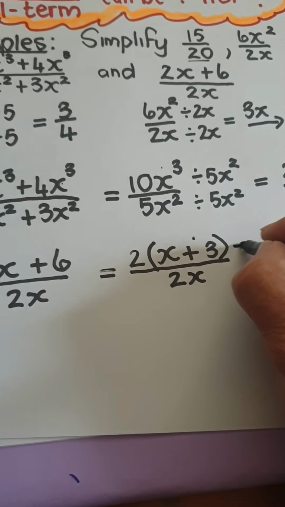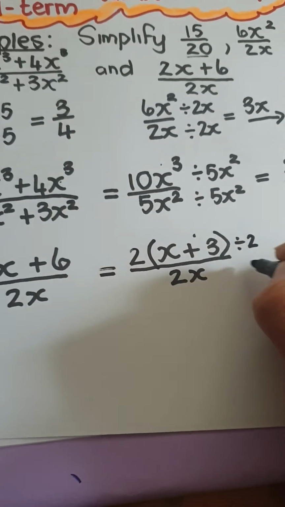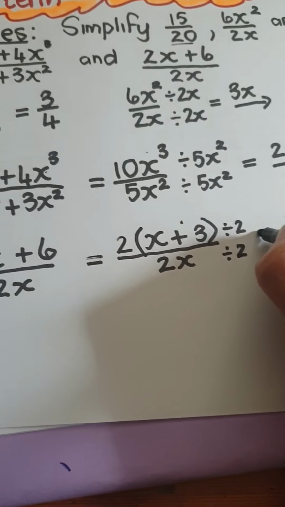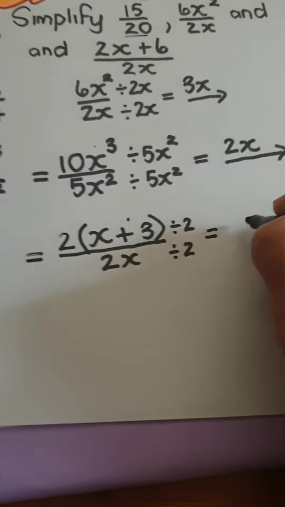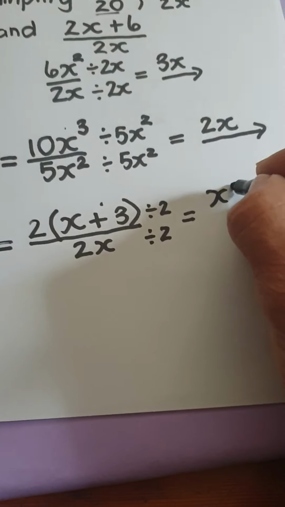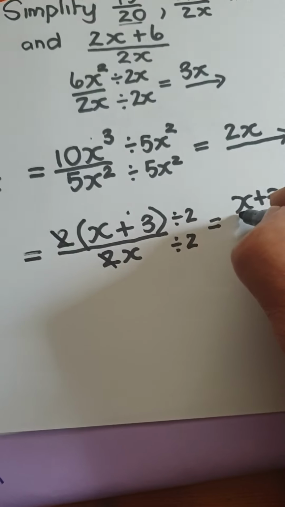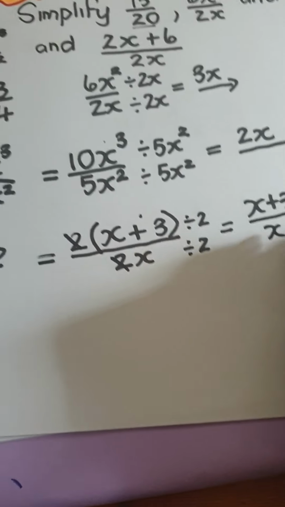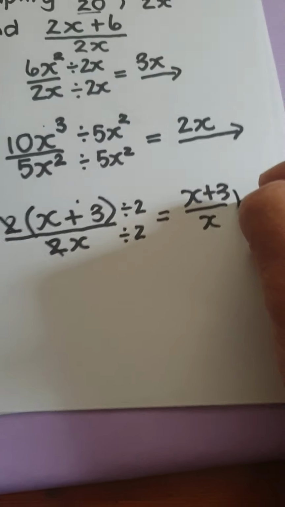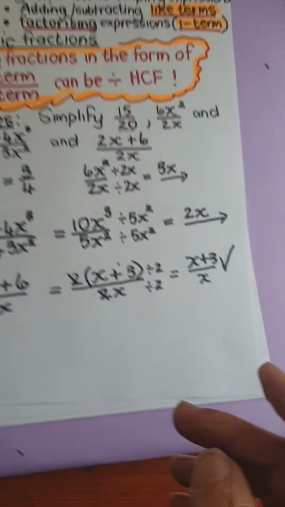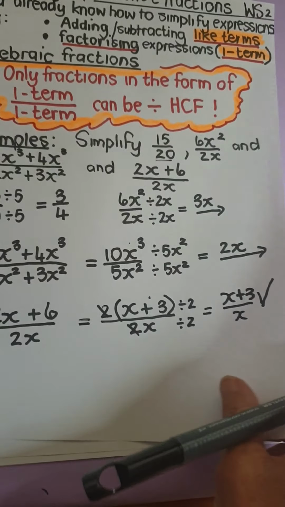So I'm going to divide both the numerator and the denominator by 2. And I'm going to get the fraction x plus 3. This is the bracket because this will cancel out over x. So that is done. You cannot do anything more. It is simplified. Good. So let's look at more examples.